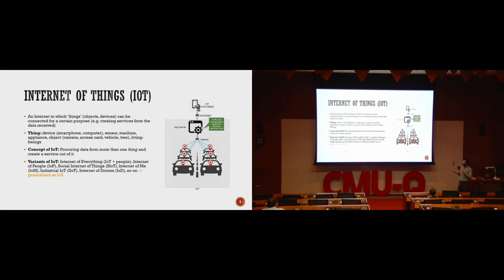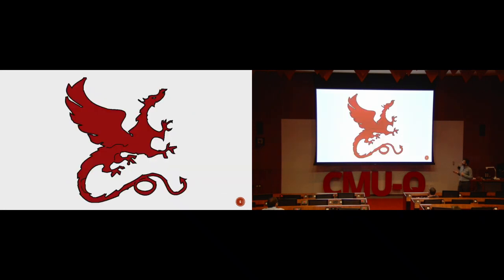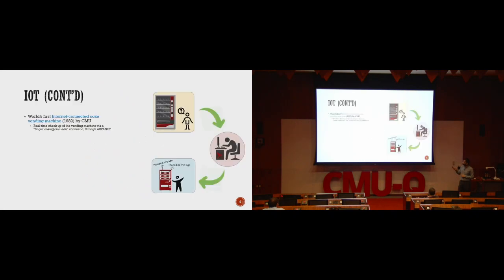Let's see the interesting history of IoT, how it all evolved. Do you recognize this? This is the logo of the School of Computer Science, CMU, and it all actually started here, in 1982, in the CMU CS department. The idea was, instead of walking down to a vending machine and then discovering that there is no Coke available, they installed some sensors in the vending machine and built an application on top of that.